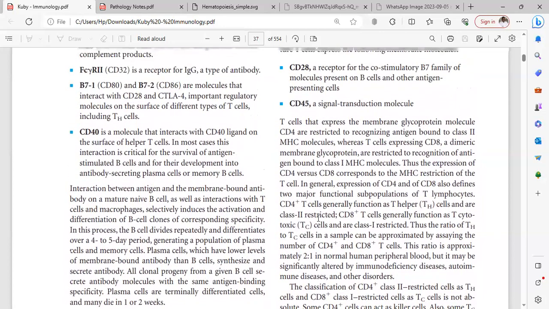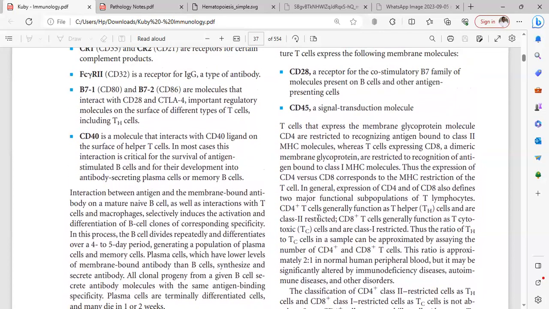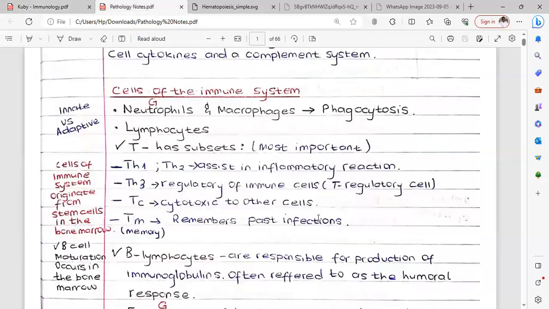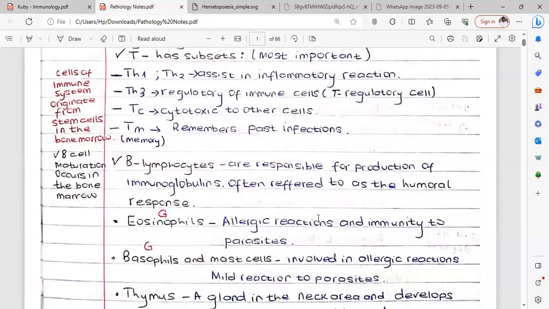For Gontia, it says B lymphocytes are responsible for production of immunoglobulins, often referred to as humoral response.